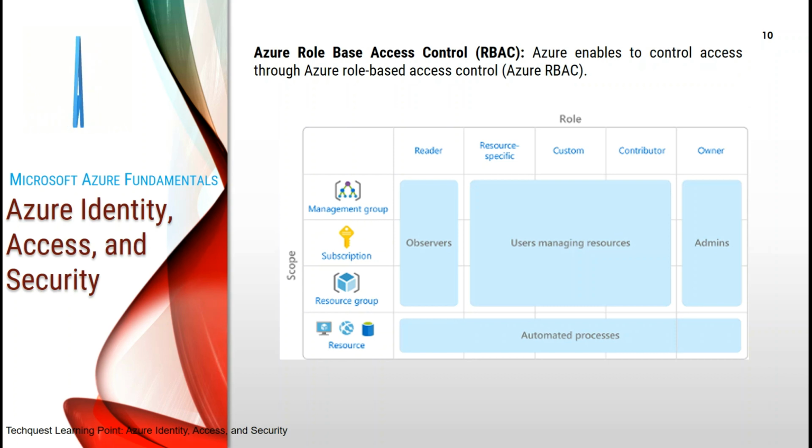However, managing that level of permissions for an entire team would become tedious. Instead of defining the detailed access requirements for each individual and then updating access requirements when new resources are created or new people join the team, Azure enables you to control access through Azure Role-Based Access Control, Azure RBAC.